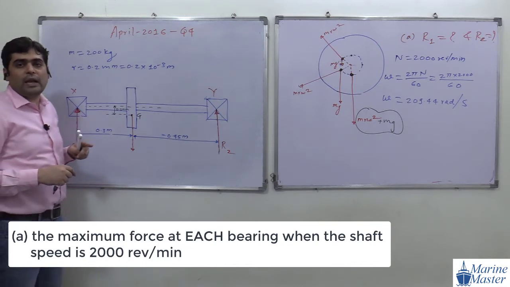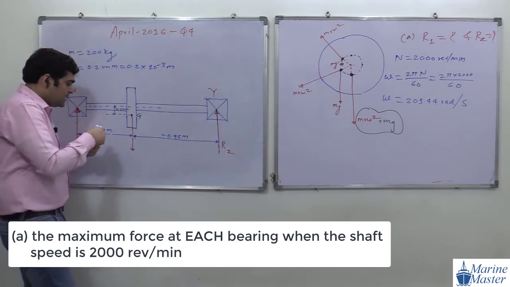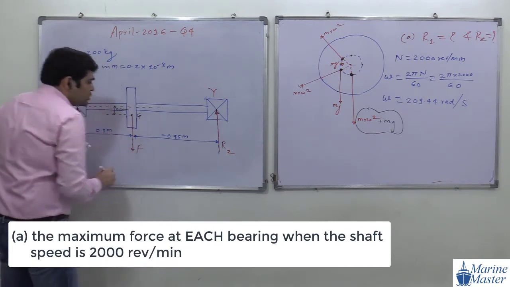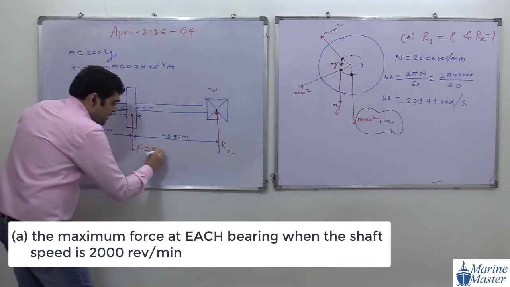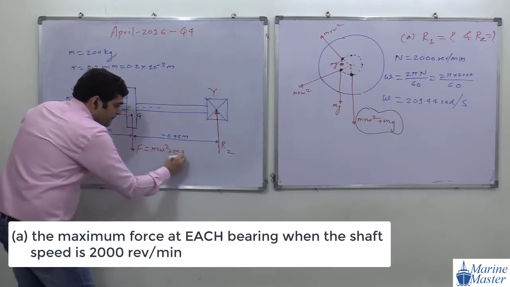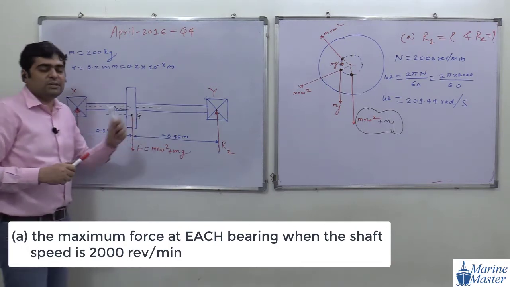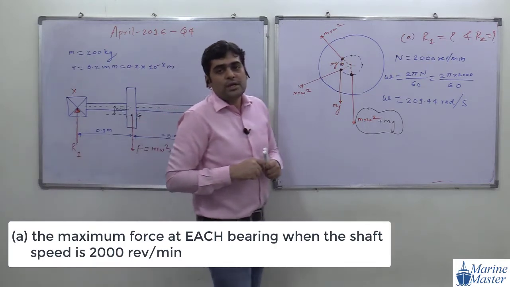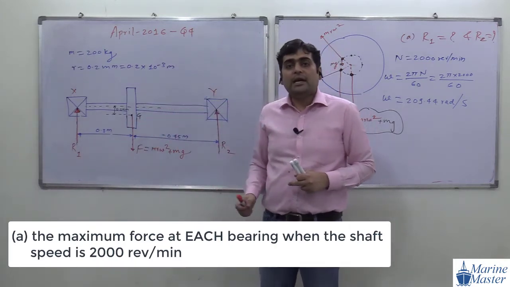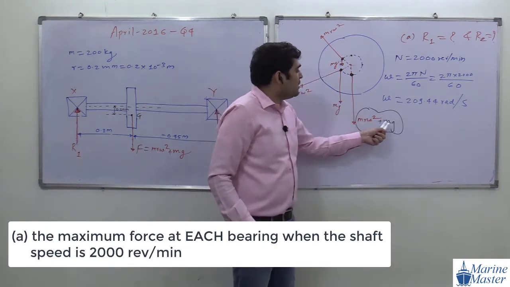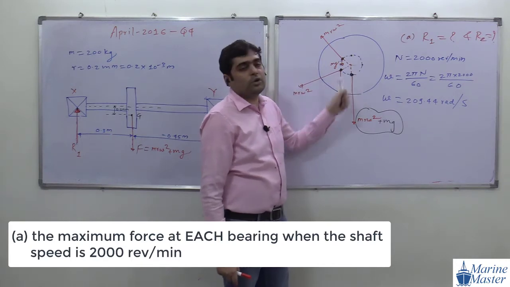So the overall force F is mr omega square plus mg. When do we get the maximum value of R1 and R2? When the centrifugal force and mg are in the same direction, that is, when the center of gravity is at the bottommost point.